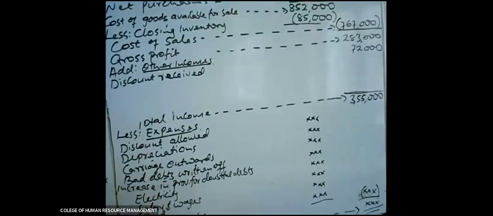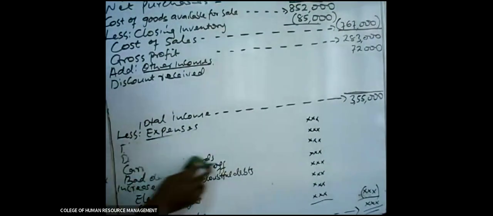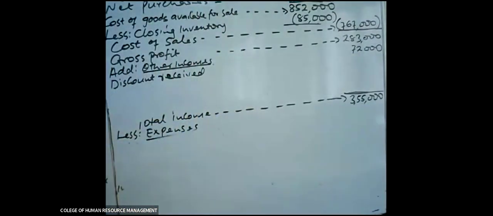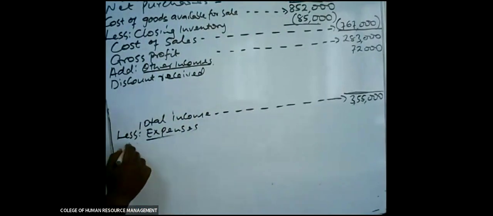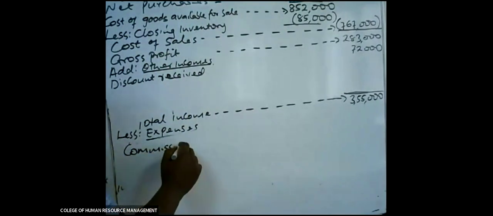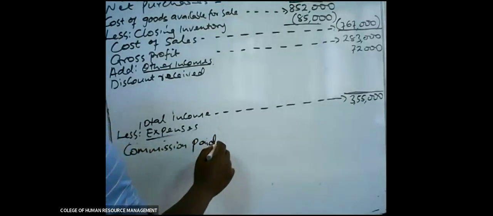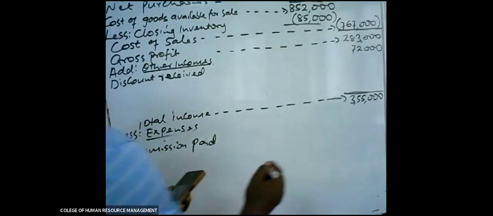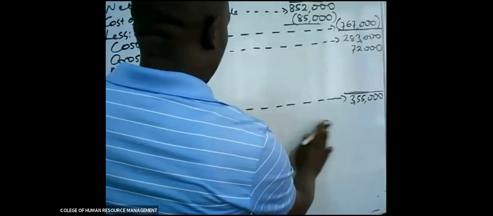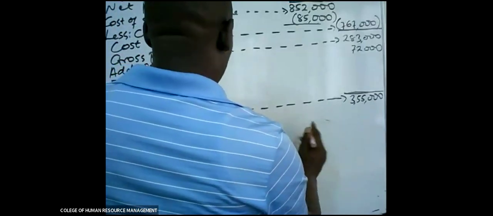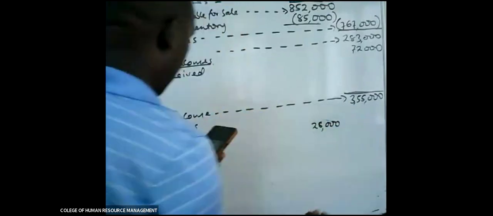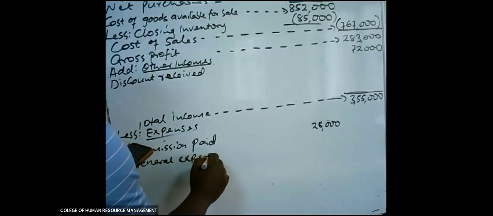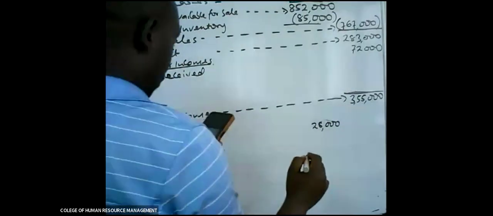Then now you go to the expenses and list them as provided. Let me list them. We have commission paid. If it was commission received, it would have appeared under the income, but because it is paid, it is an expense. Commission paid is 28,000. General expenses, 128,000.